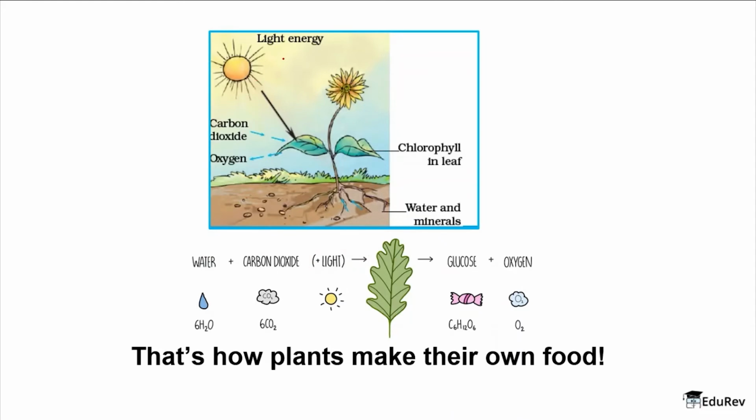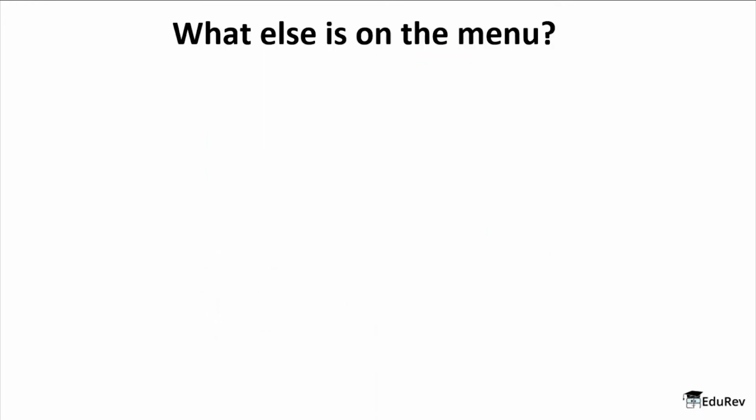So bottom line, photosynthesis is called photosynthesis because plants use light energy. Light means photo, okay, for making of food. It is also a process in which plants take up carbon dioxide gas, which is a toxic gas, and give out oxygen gas, which is a very important gas for human survival.